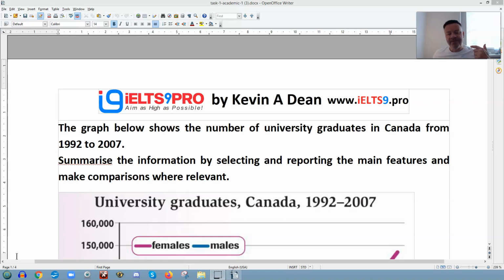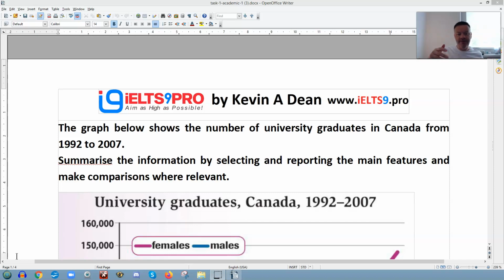I'm going to be inviting you to write your introductions and your overview, not the main body paragraphs 3 and 4, where you would be describing the key trends or features, including the data and the details. So it's just going to be introduction, paraphrasing the topic, including as much information as possible.